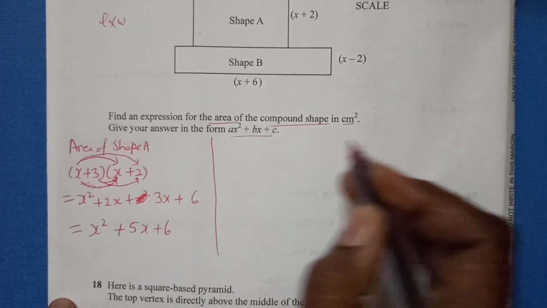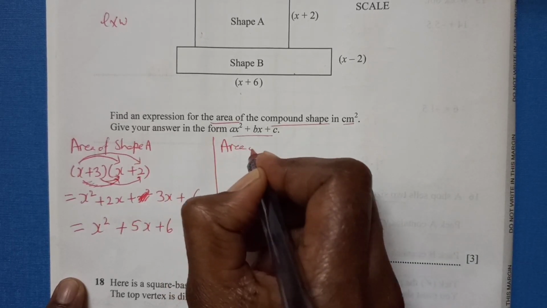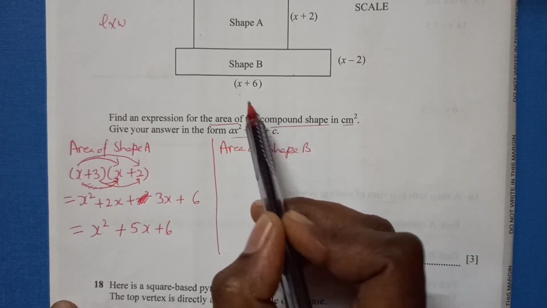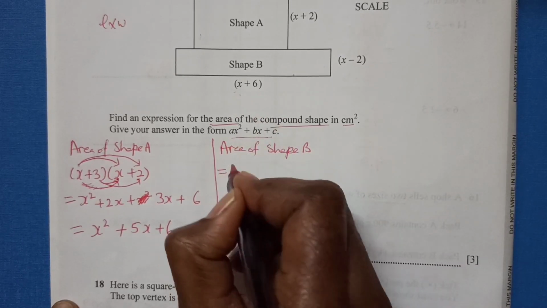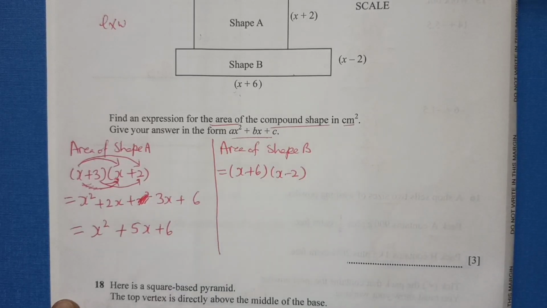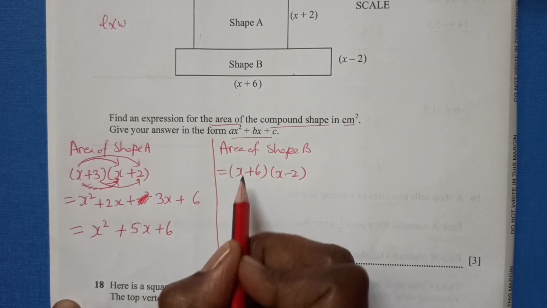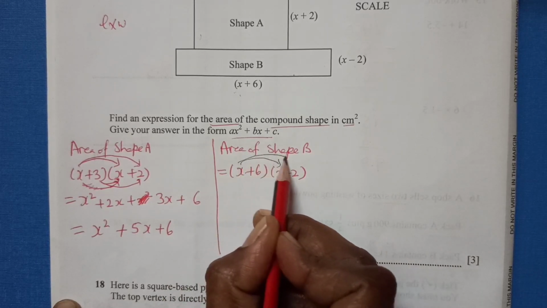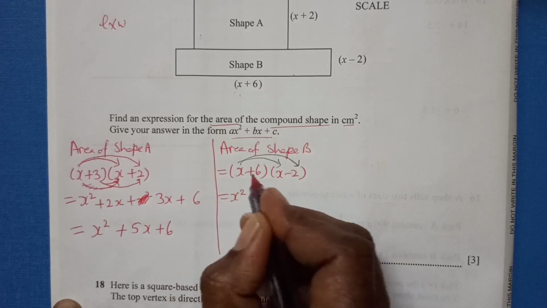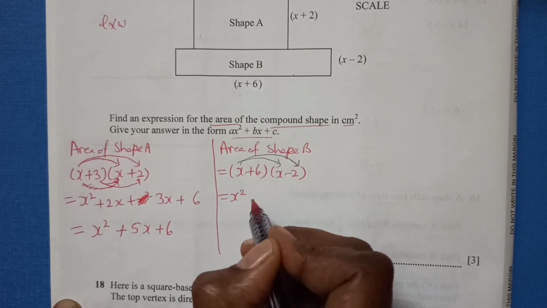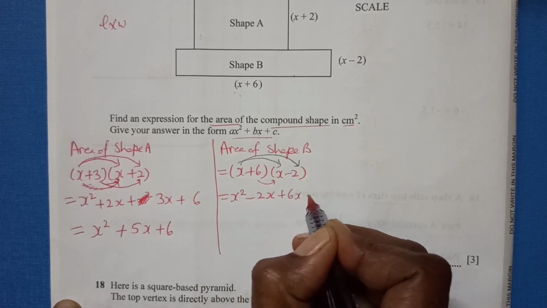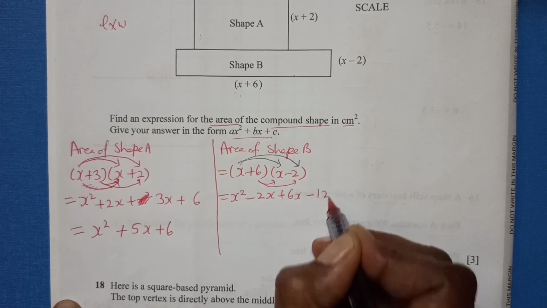Similarly, we are going to find the area of shape B. In shape B, we have x plus 6 times x minus 2. Again we will open the bracket. You are going to multiply x first, so that will be x squared minus 2x, then with 6, plus 6x, minus 6 times 2 is 12.